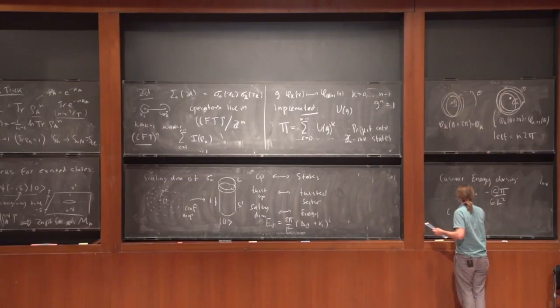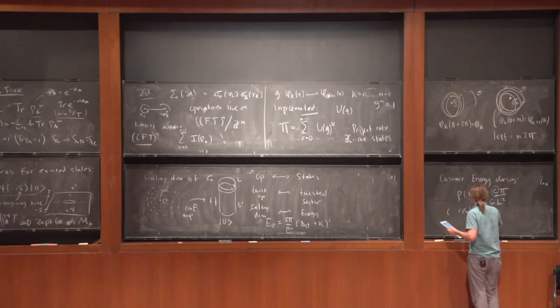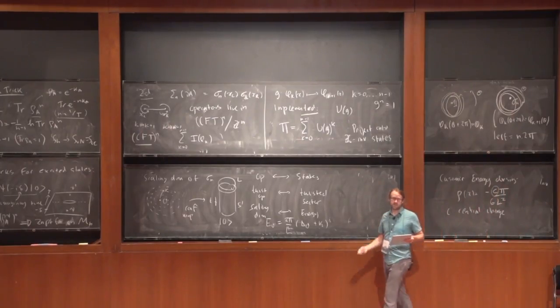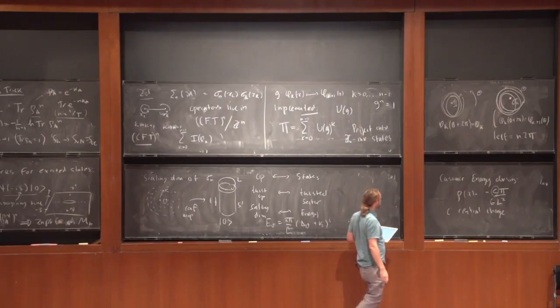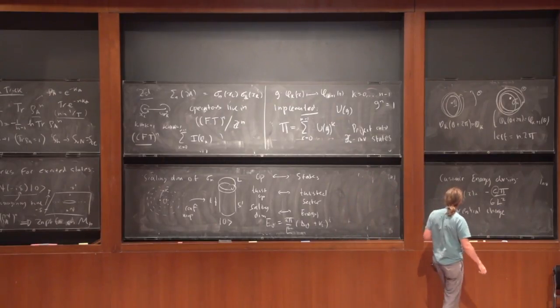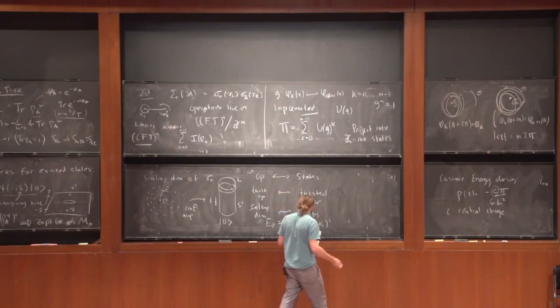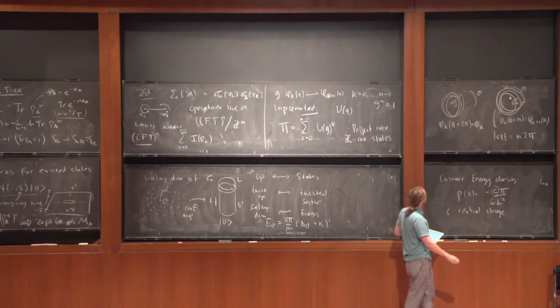C is the central charge. It's also the same thing that appears in the Weyl anomaly. So this is some universal formula. You can derive it, but I'm not going to derive it.